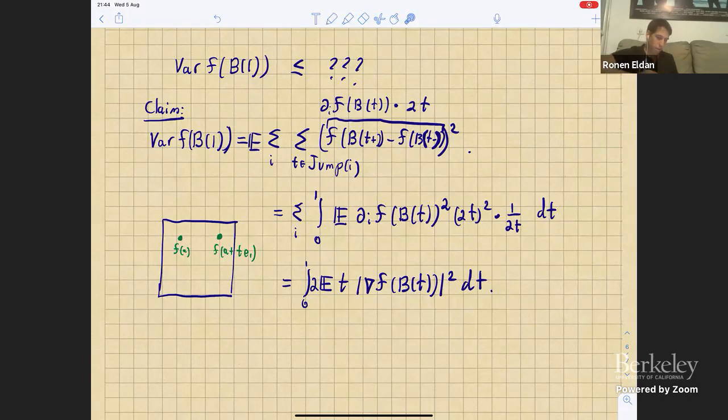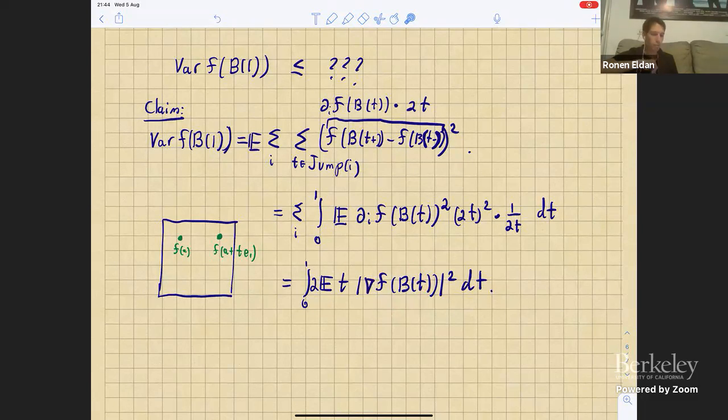Now, this expression is not new, and it can actually be derived by applying the usual equation. You just have to figure out what this thing means.